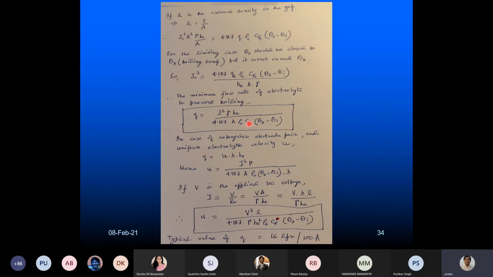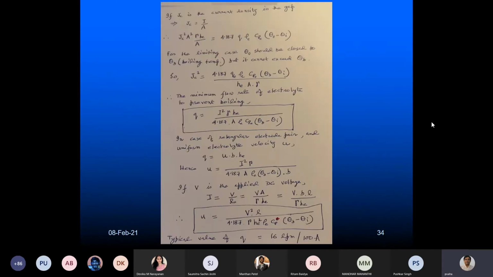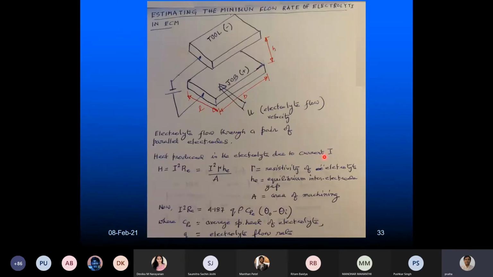So think of the previous figure we have shown you. We have a rectangular set of electrodes, tool and the job. So in case of a rectangular electrode pair and uniform electrolyte velocity U, how much is Q? Q will be L into B into U, in meter cube per second or so.